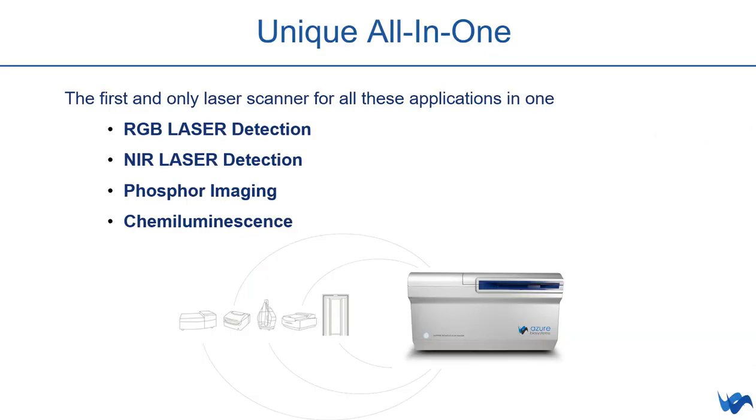And how do we make this possible? Well, we put inside different types of lasers. So the machine has RGB laser light sources. It also has near-infrared lasers. In addition, we have put inside the machine a phosphor imaging module and a chemiluminescence module.